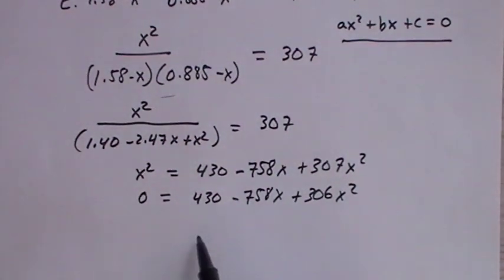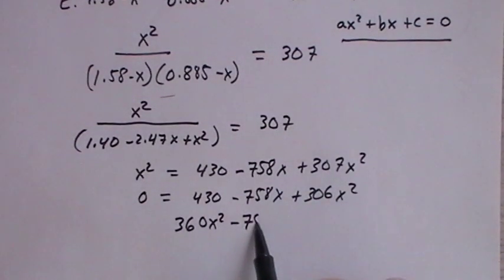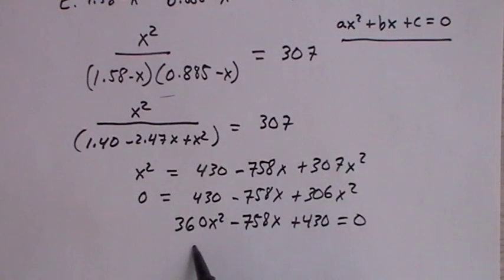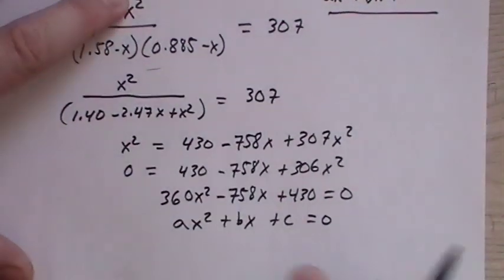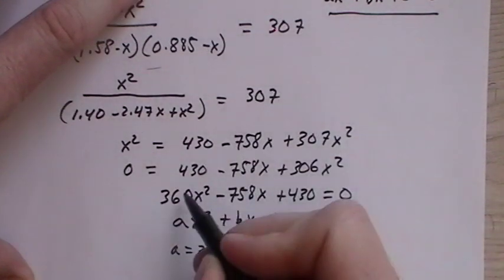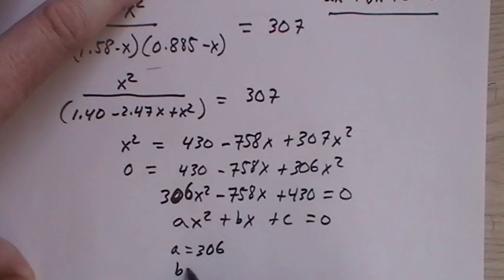And then I just swing it around so that it looks like this. It has this form. And now, A is 306, sorry, 306. B is minus 758, and C is 430.